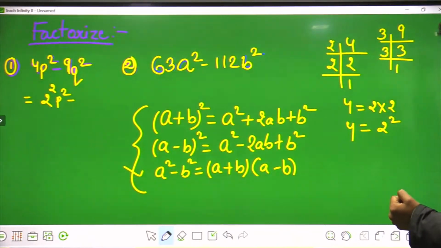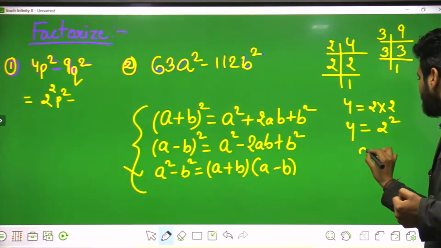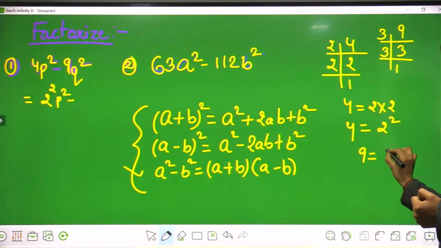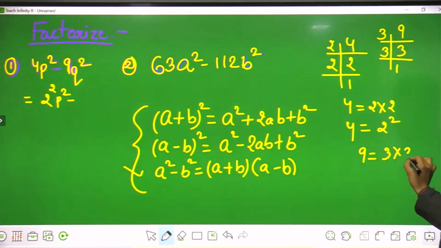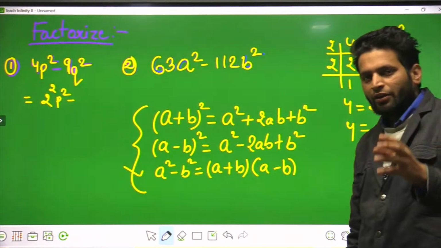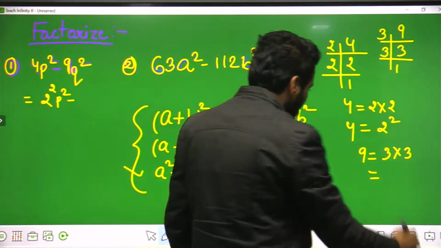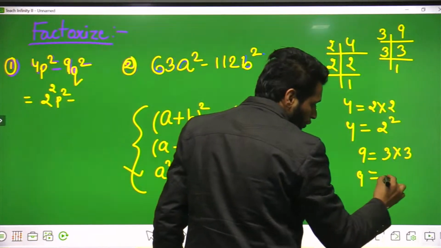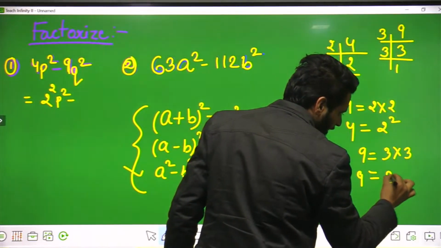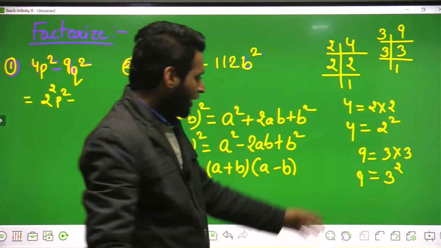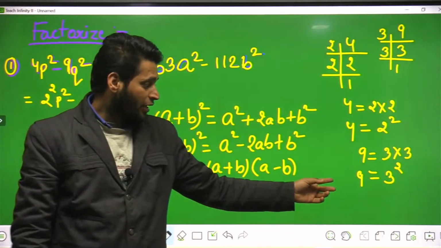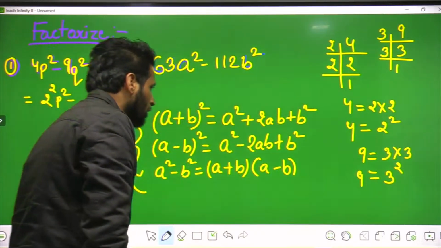So in place of 9 we can write 3 times 3, which is 3 multiply 3, so 9 in square form is 3 square.